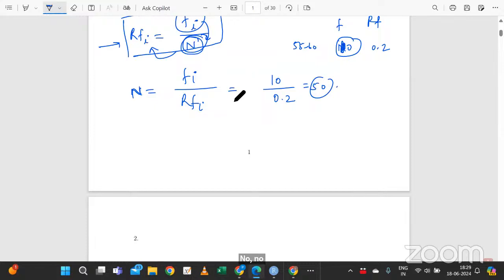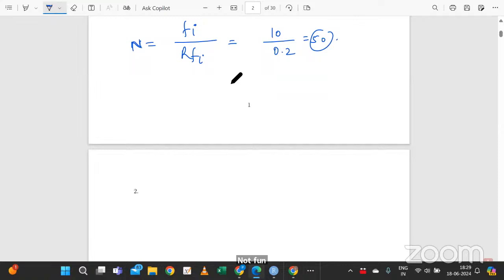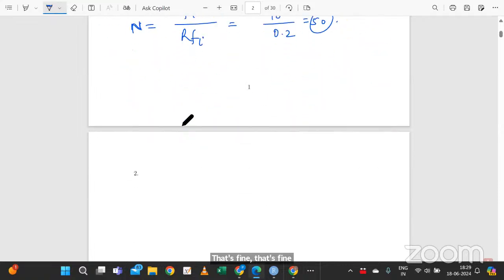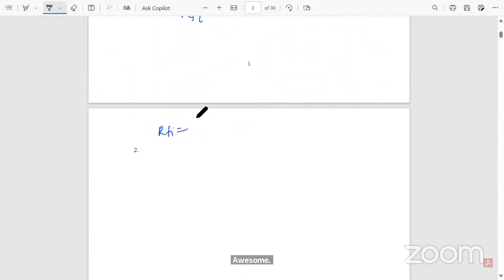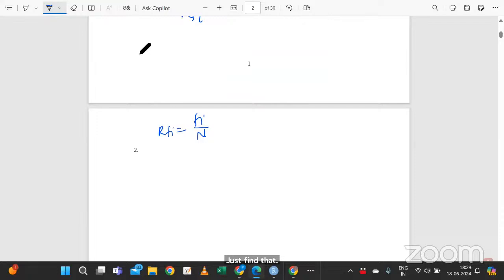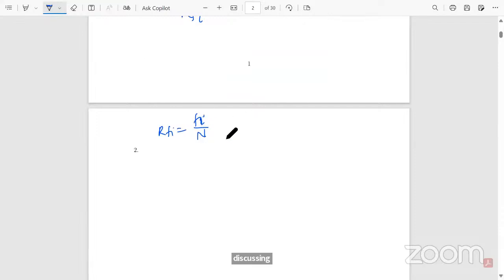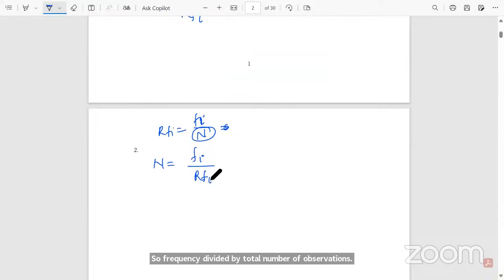So I was discussing this relative frequency, which is nothing but frequency divided by the total number of observations. I need to calculate the total number of students, so n will be frequency divided by relative frequency.